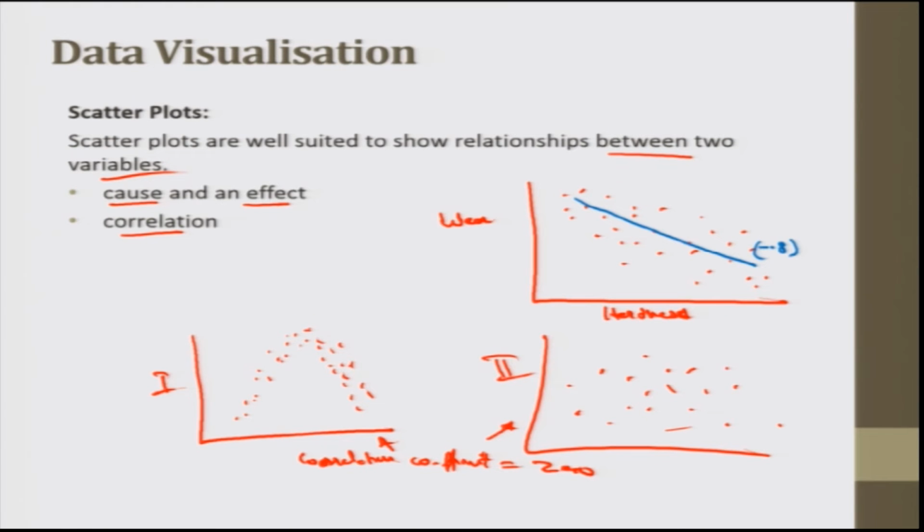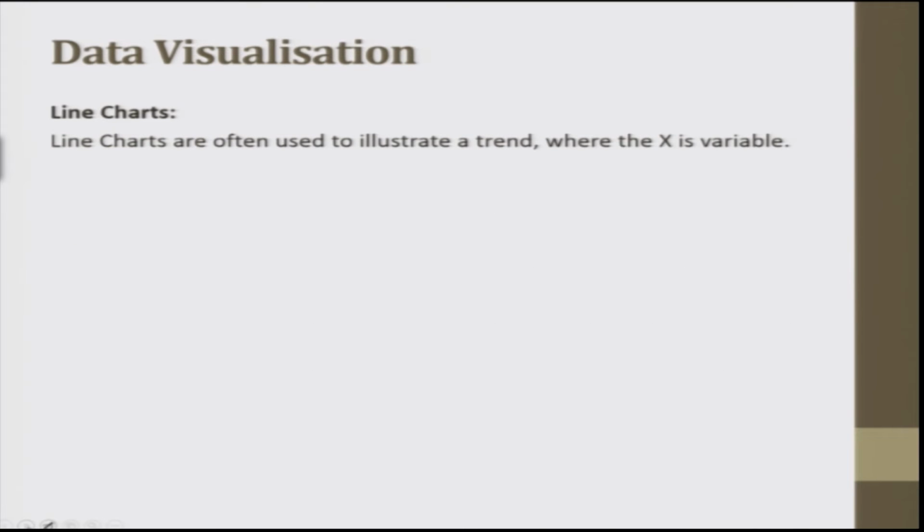Okay. Next is line charts. Line charts are often used to illustrate a trend where x is a variable. Now line charts are just drawn simply like this. For instance, I am having age of the instrument and number of defects.